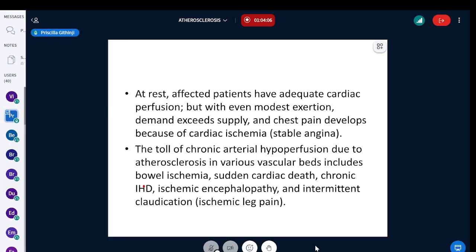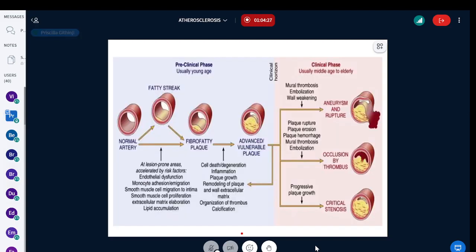You can have chronic ischemic heart disease. We're going to discuss this. You can have ischemic encephalopathy when you affect the blood vessels of the brain, and you can have what is referred to as intermittent claudication or ischemic leg pain. This is a precursor to your peripheral vascular disease.